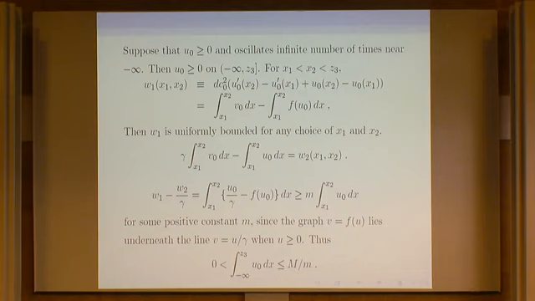But if u is positive, then this quantity, u naught over gamma minus f of u naught, is greater than some constant n times u naught, because from this picture you can get that. So this is some constant, and you get this. That means u naught is in L1 on this interval. Therefore, it has to decay.